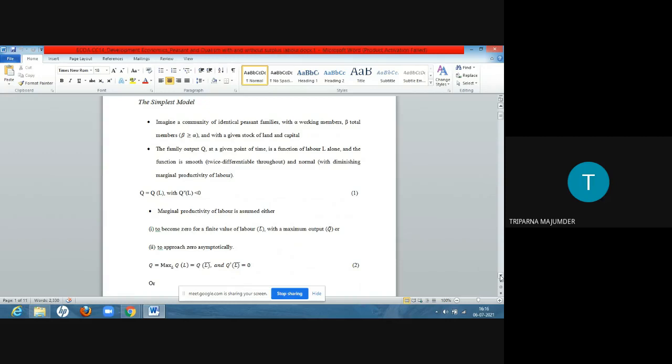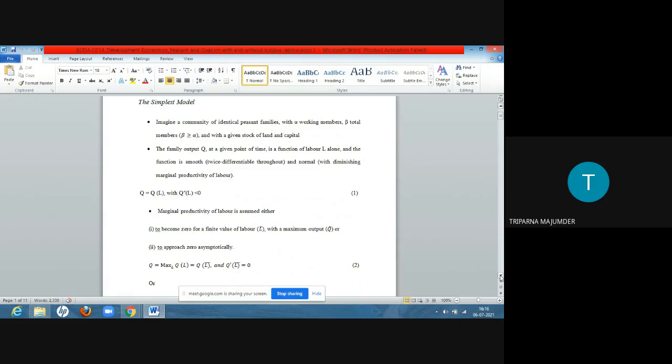So we have the normal production function as we have been studying it from our initial courses, that is output Q is a function of labor L with diminishing marginal productivity. That is, the first derivative of this function is marginal product, which you know is obviously greater than 0.